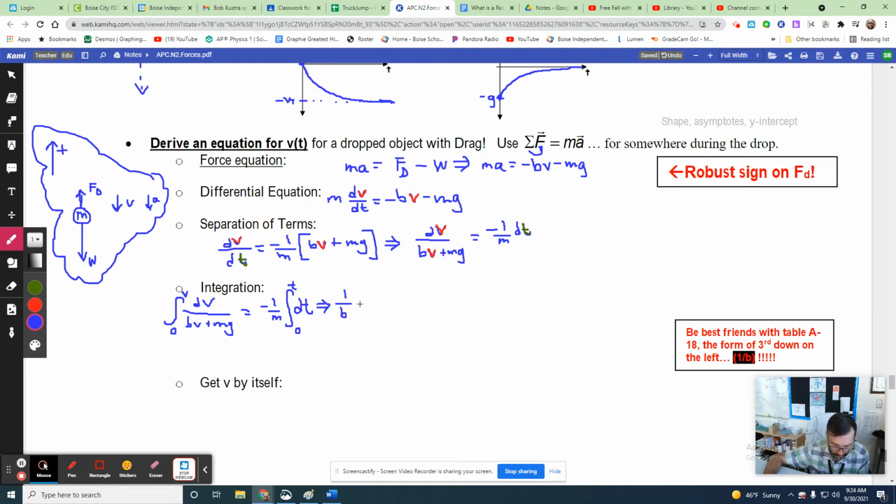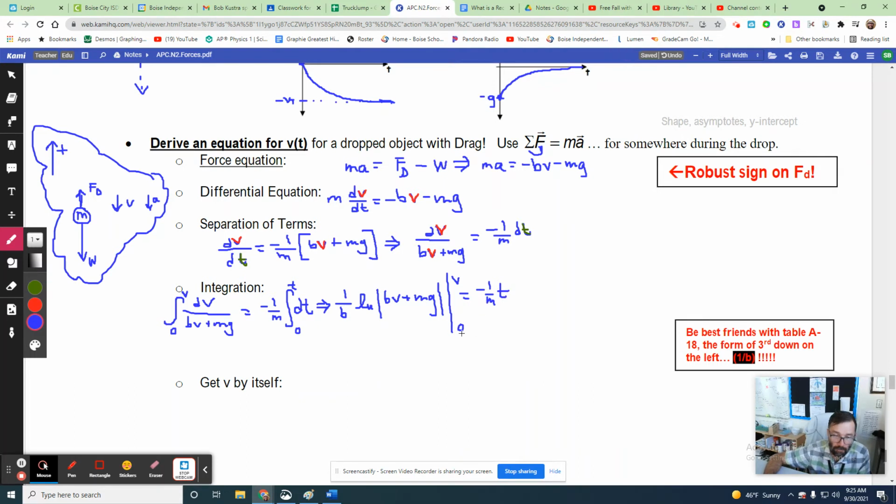Basically, you're going to get 1 over b, natural log, absolute value of bv plus mg, absolute value, evaluated from 0 to v, is equal to, this is the world's easiest integration problem, -1 over m, all that times t.